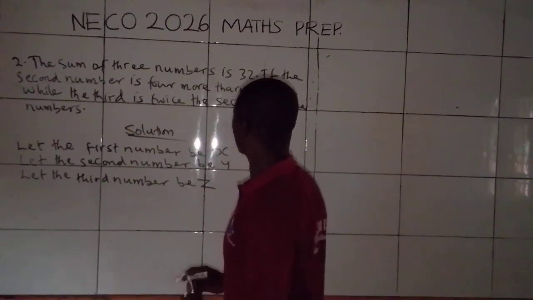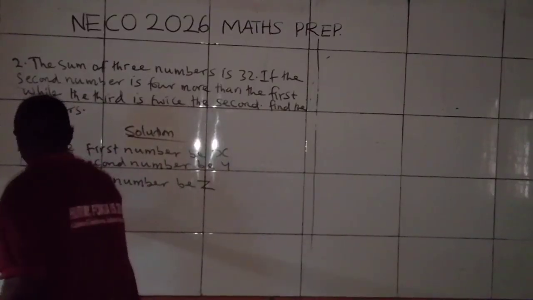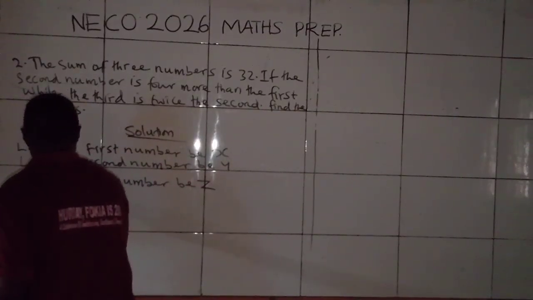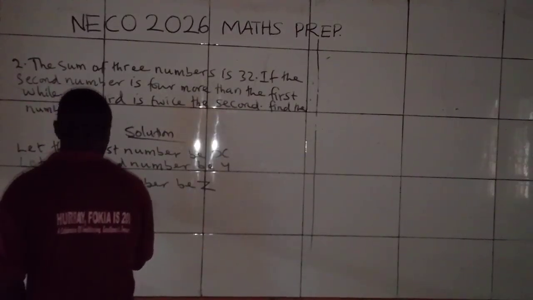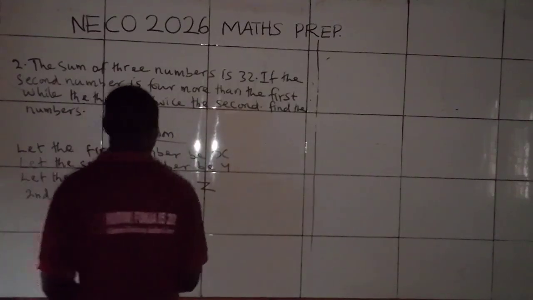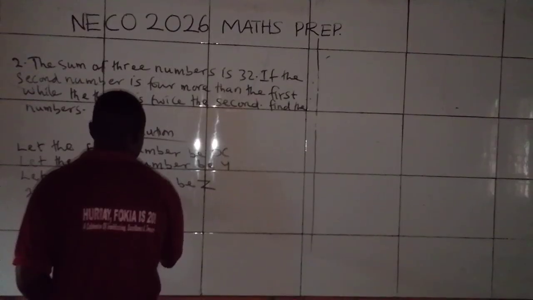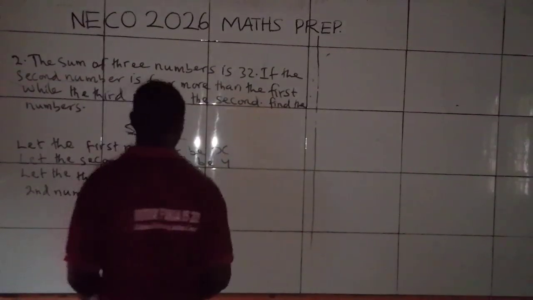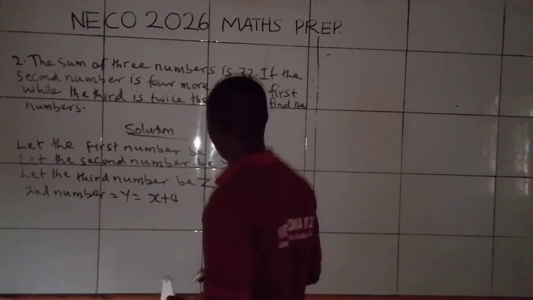Now, from the information given, it means that the second number, which is y, is equals to x plus 4.